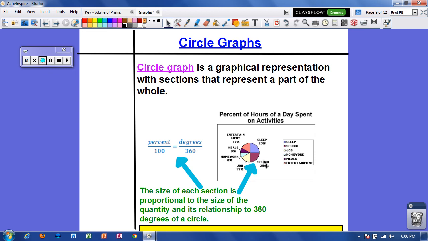So if 50% of a circle was shaded, that would be 180 degrees of the circle because 50% is half of 100%, and 180 degrees is half of 360 degrees. So the size of each section is proportional to the size of the quantity and its relationship to 360 degrees of a circle.